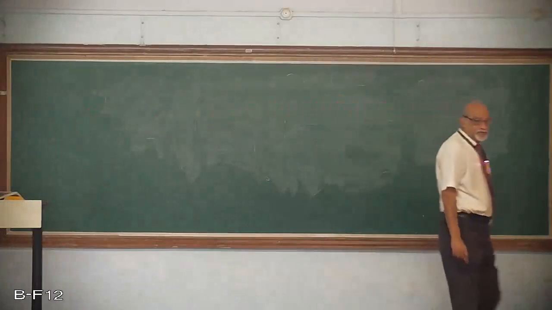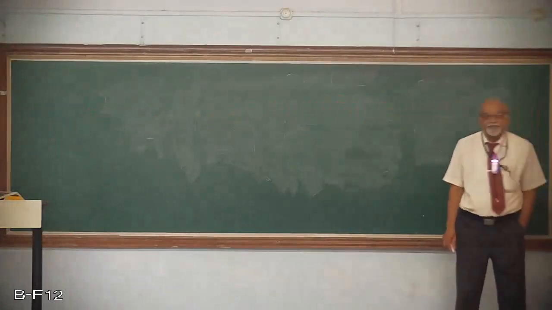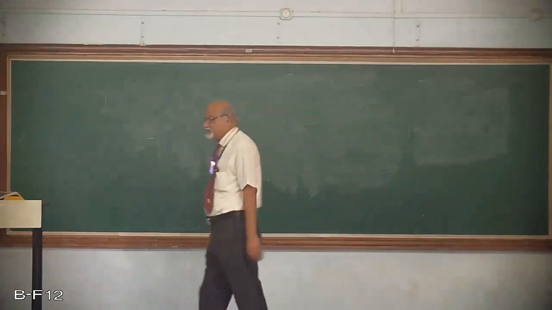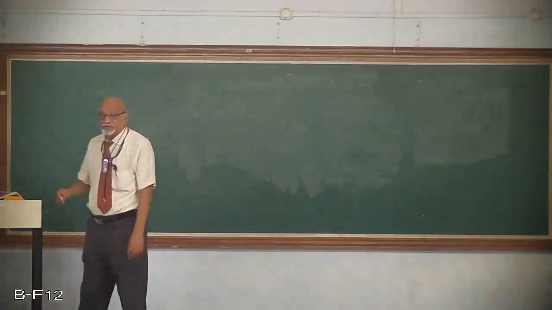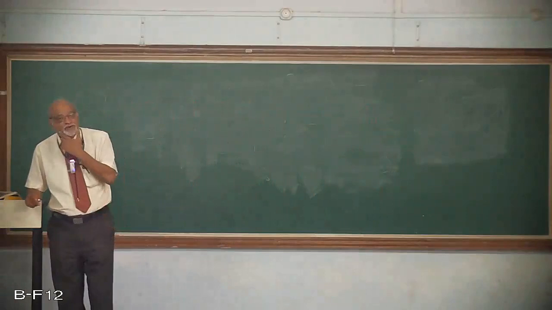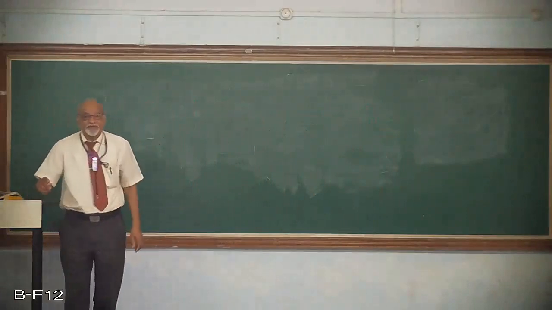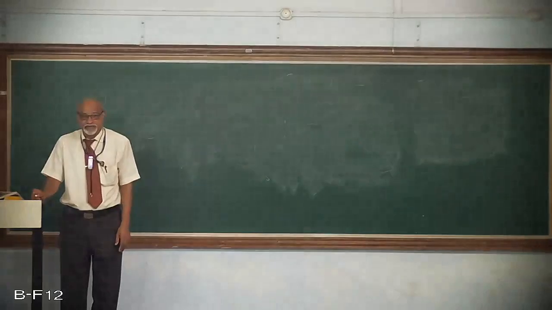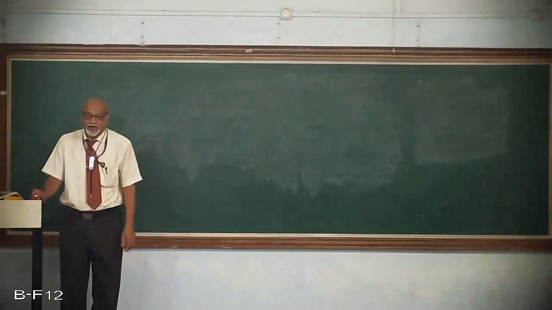Yesterday we have seen what are the different methods of collection of samples. If I recapitulate, the first one is simple random sampling, just like that you pick up. Second one is stratified sampling.